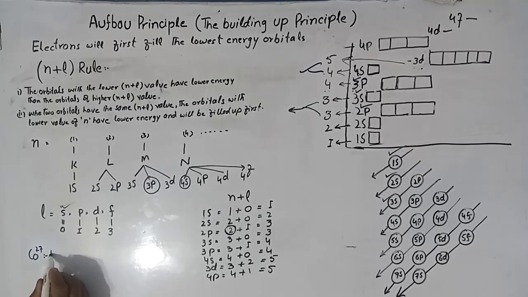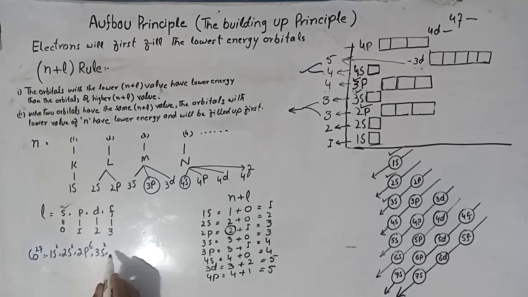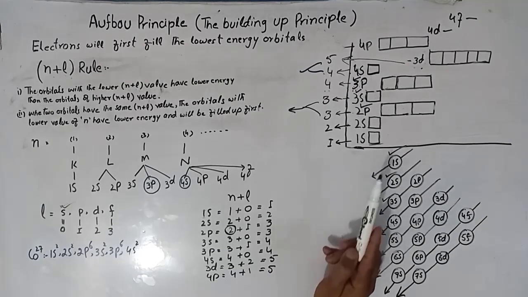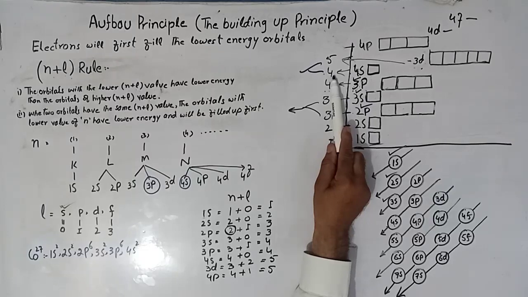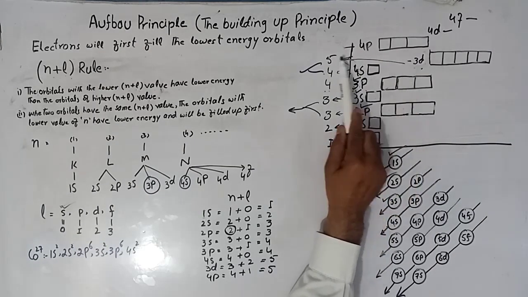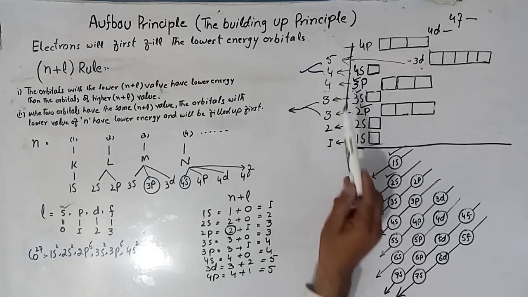So its electronic configuration will be 1s2, 2s2, 2p6, 3s2, 3p6, now 4s2, because 4s has an n plus l value of 4 and 3d orbitals have an n plus l value of 5.